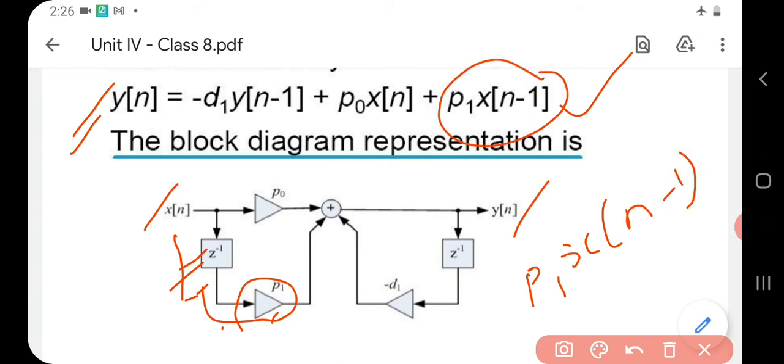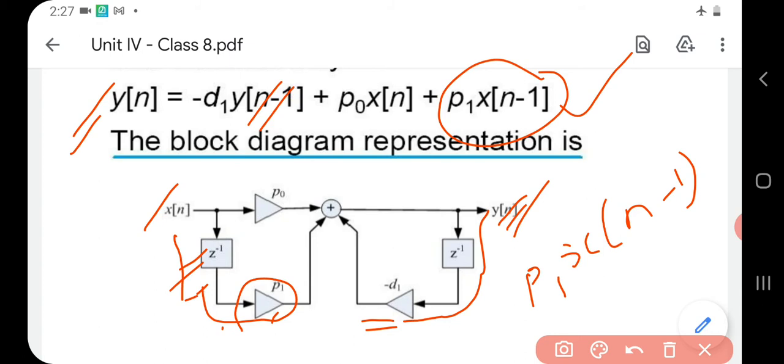Now the other one: here you have y of n delayed by z raised to minus 1, so that will be y of n minus 1. Again a multiplier is there, and it is multiplied with a constant, say minus d1. So the output will be y of n minus 1 into minus d1.